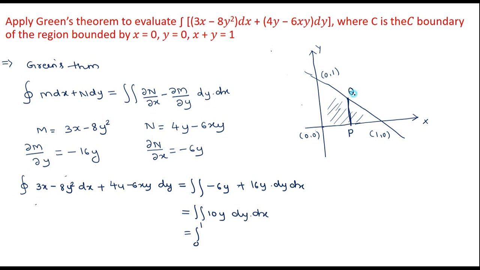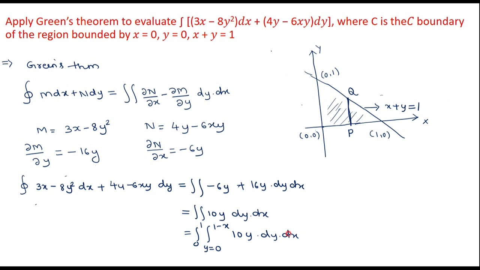The value of y at P is y equal to 0 because it's a point on the x-axis. And the equation of this line is x plus y equal to 1, so the value of y on the line is 1 minus x. The integral is 10y dy dx.